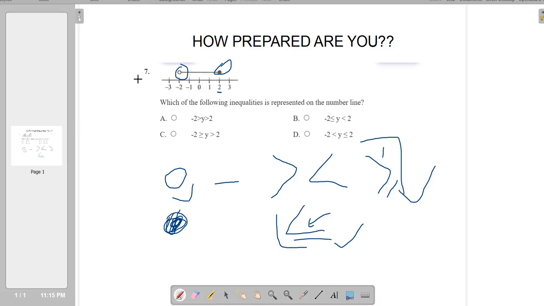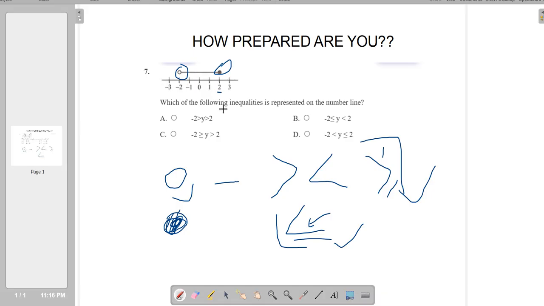So we see this diagram, we have -2 being selected with a circle that is not shaded, and then we have +2 also being selected but with a circle that is shaded.